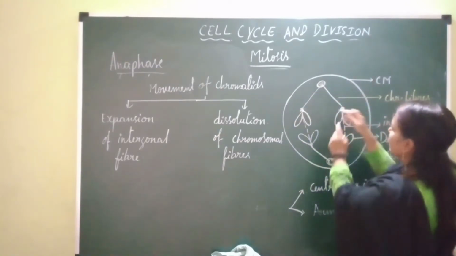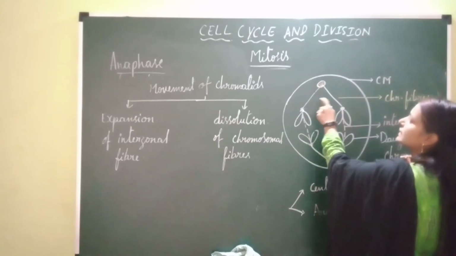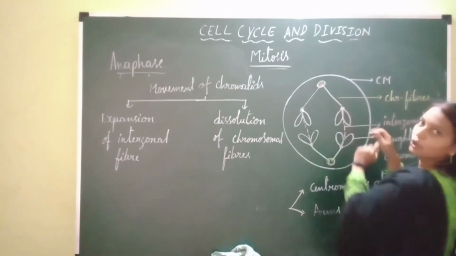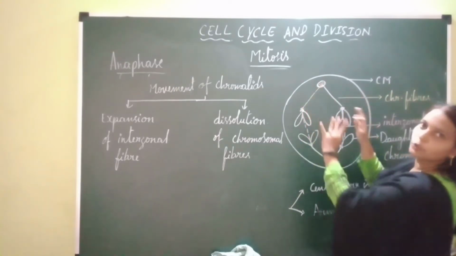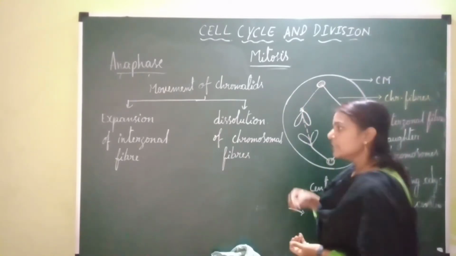Also, the chromosomal fibers start dissolving. Due to the dissolution of these chromosomal fibers, the chromatids are pulled towards two opposite poles of the cell.